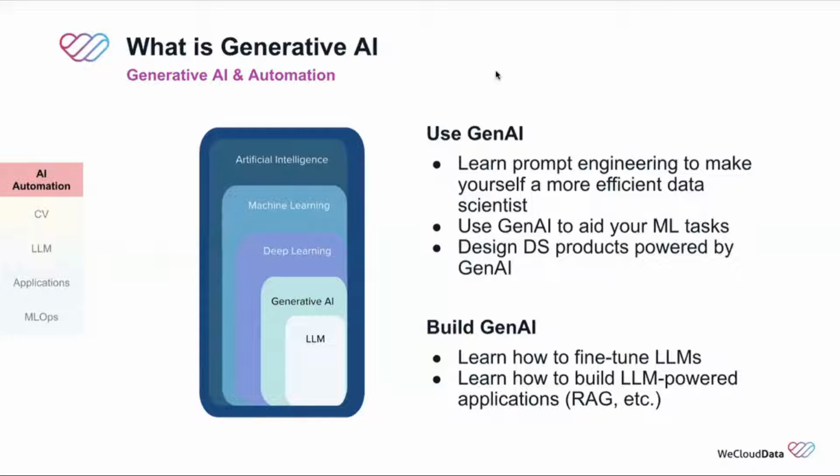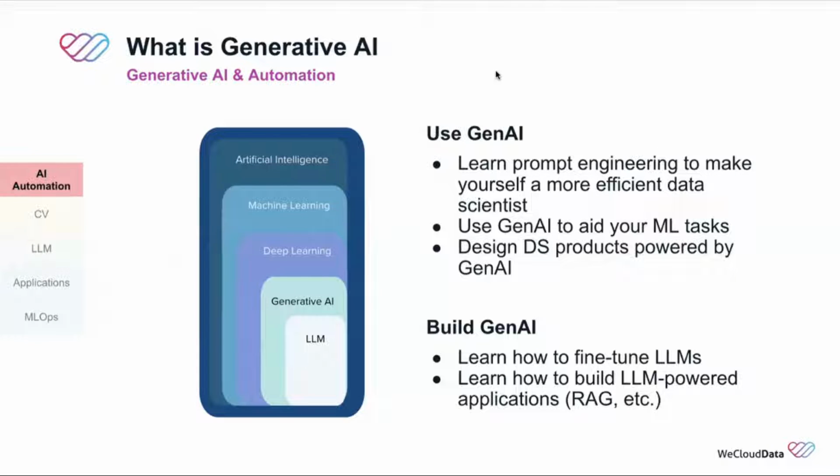We all have some sort of experience with Google Gemini or ChatGPT, right? This kind of product, and then we learn how to use prompts to ask questions, to do Q&As, and do different kinds of automation tasks. This is what Gen AI can help. It can help us become more efficient, right?